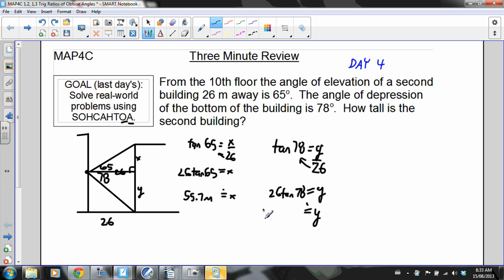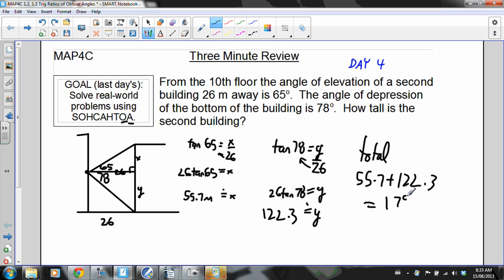Y is 122. And then in total, I've got 55.7 plus 122.3, a total of 178 meters. That's it.